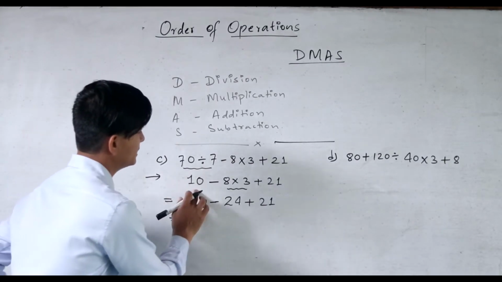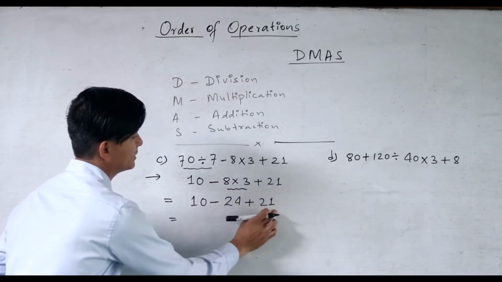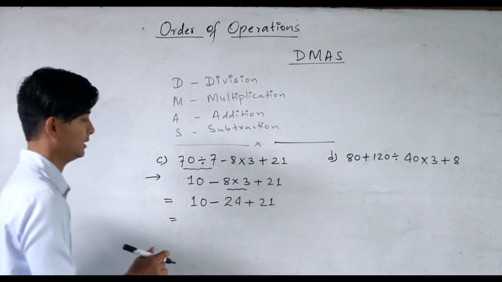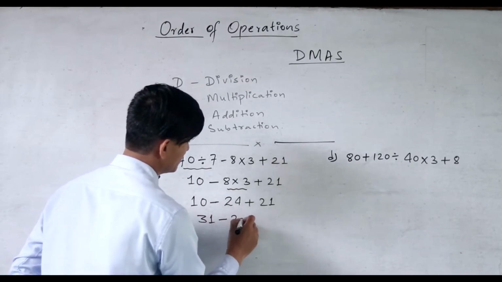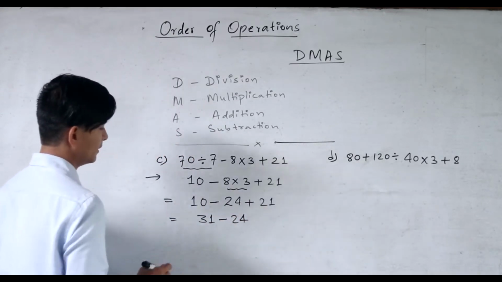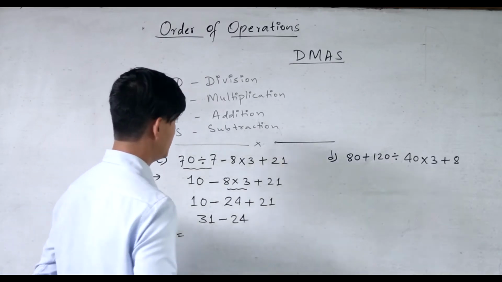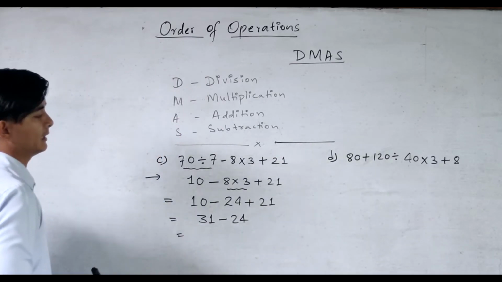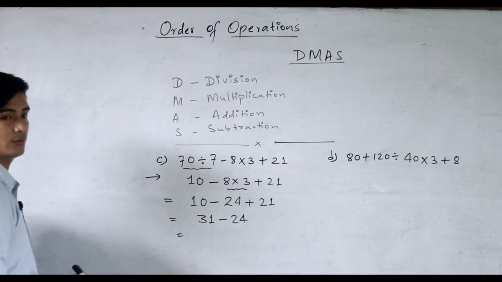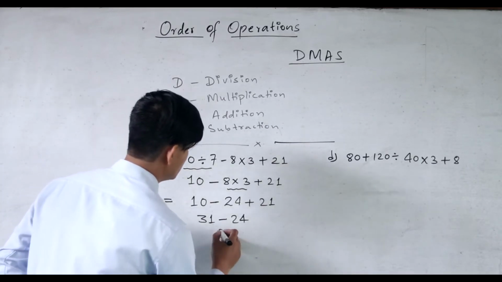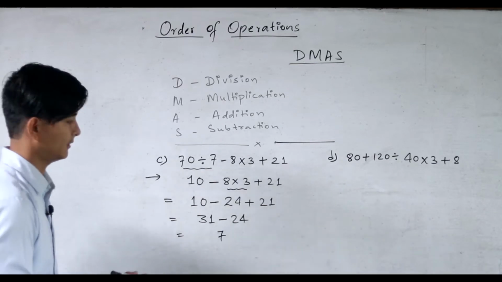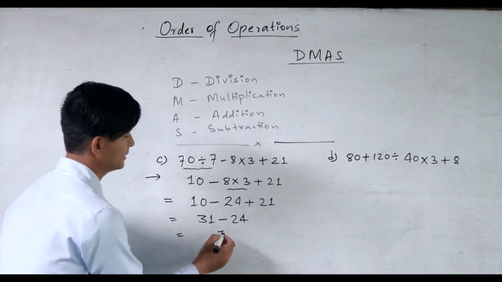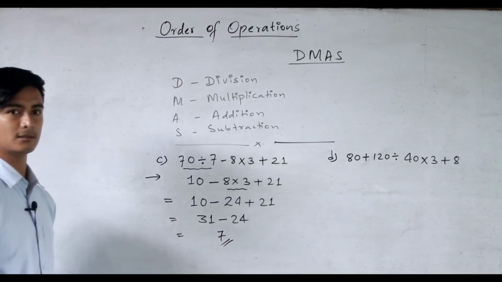Okay, so these two are in plus, so you can add 21 plus 10, it will be 31, minus 24. Now you can simply subtract it. So 31 minus 24, how much will it be? 7. If you subtract this, you will get 7 as your answer.